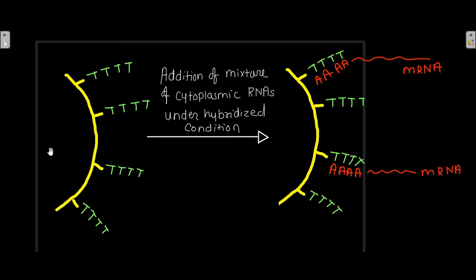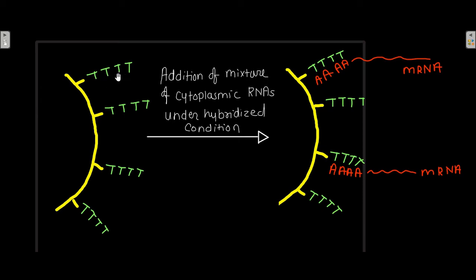This is the support matrix. This yellow thing is your support matrix, and these are the short chains of dT, that is deoxythymine.